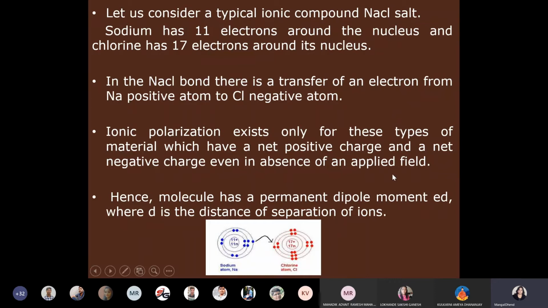Ionic polarization exists only for these types of material, because it has to be ions first. Then only you can say ionic polarization happens. So ions have to be there. Initial dipole moment has to be there. So the molecule has a permanent dipole moment e into d, because this distance is d. So whatever the charge, e into d is a permanent dipole moment it has in the absence of electric field.